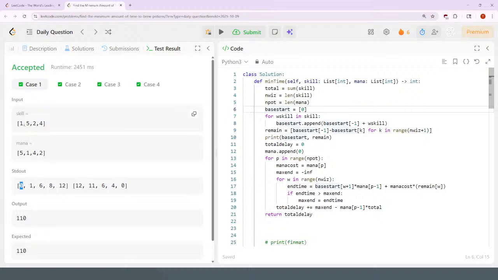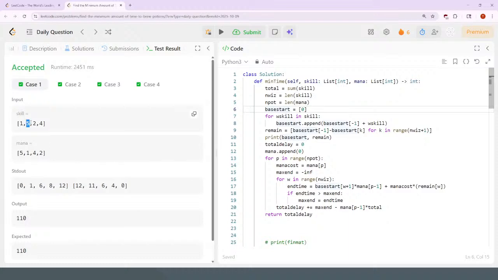So base start at index i will be when the ith wizard starts it, assuming that the potion started at time 0, and base start at i plus 1 is when the ith wizard ends it. So 1 is the end time for the first wizard to finish that potion.